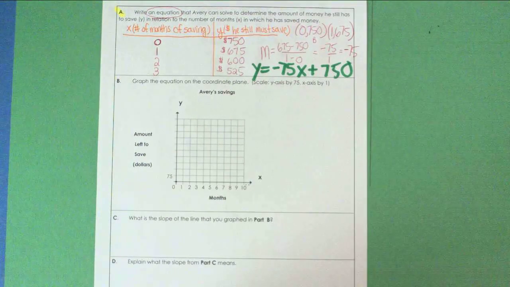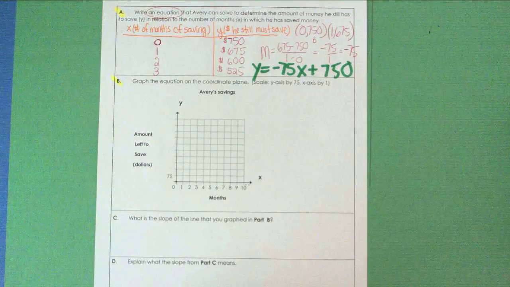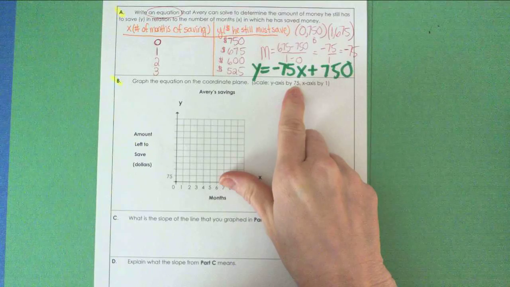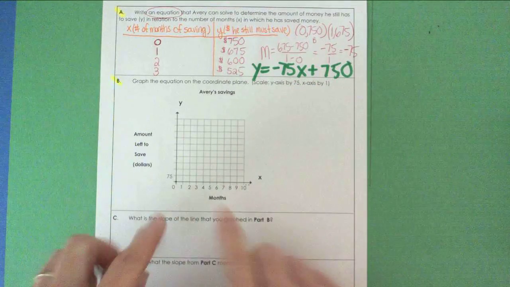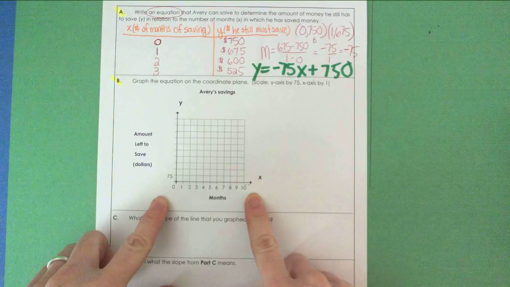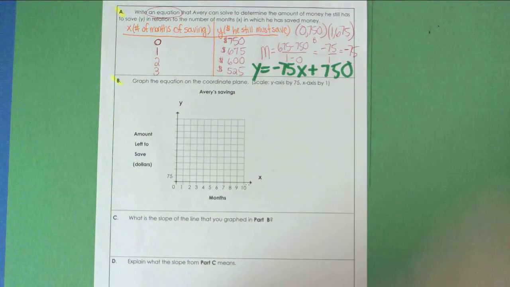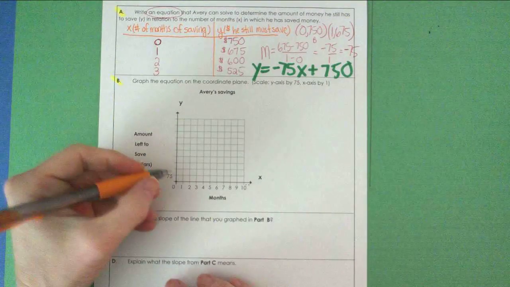Part B, graph the equation on the coordinate plane. It tells me to scale the y-axis by 75 and the x-axis by 1s. You can see the x-axis is already done here, and I need to go up the y-axis by 75. So that is going to look like this. I already have my first marker there.